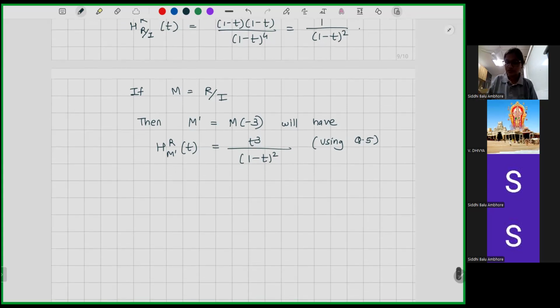This was actually t cube times the Hilbert series of R mod I in t, and this actually gives me this. Is this okay?